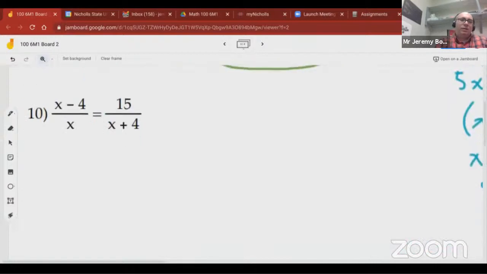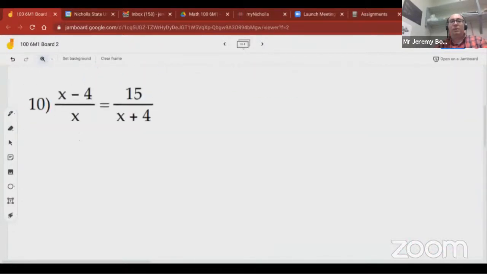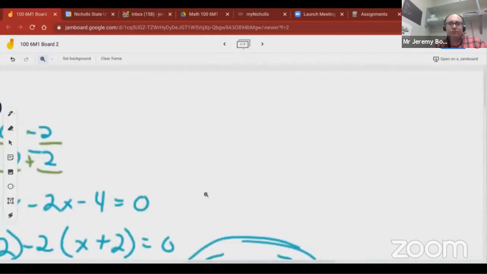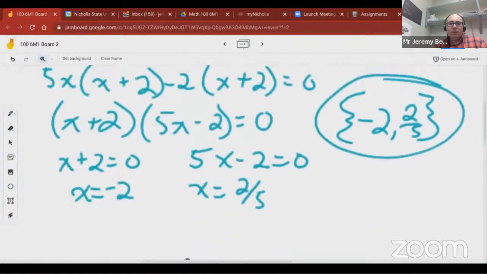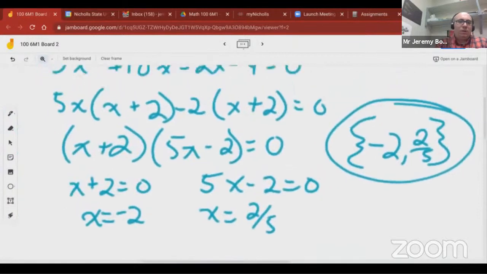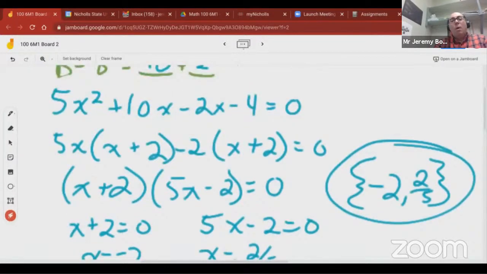All right, so 10. The problem with 10 is you start off with fractions. Why would it be a negative 2 that you take out? Oh, you're talking about here. Okay, I got you. So I want both of these to be the same binomial, right? So that way I can pull that out and have this here. And so when I pull out the 5x between these two, we end up with x plus 2.